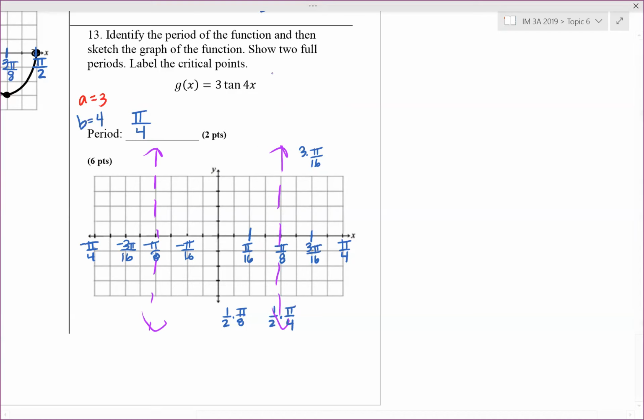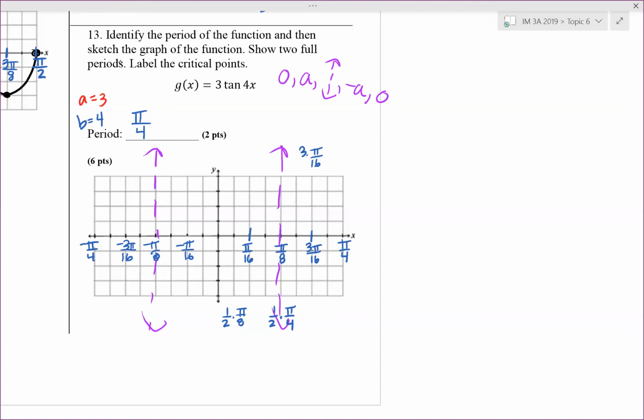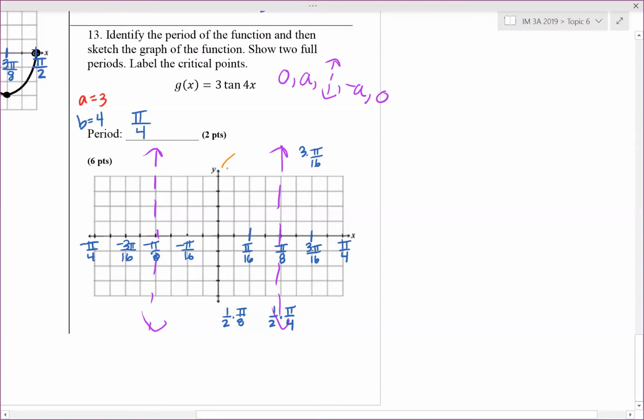And so in general, we talked about the pattern being for tangent 0, A, then an asymptote, then negative A, and then 0. Okay. And so again, that's starting at the left side at the y-axis. So if I start here at 0, my A was 3, so the next point's going to be at 3.